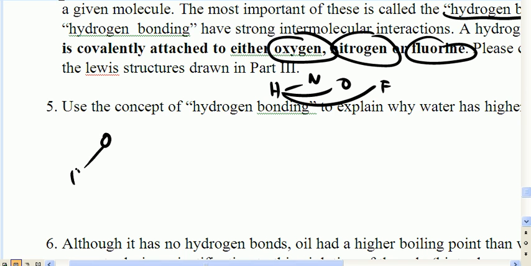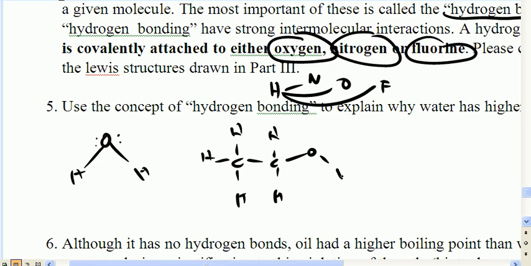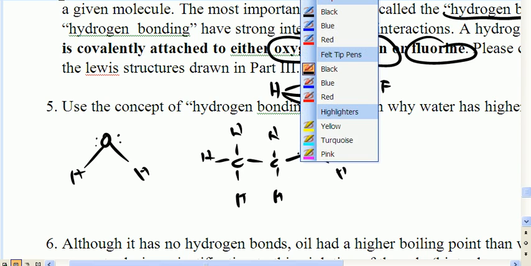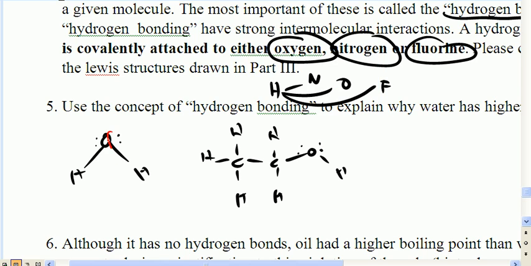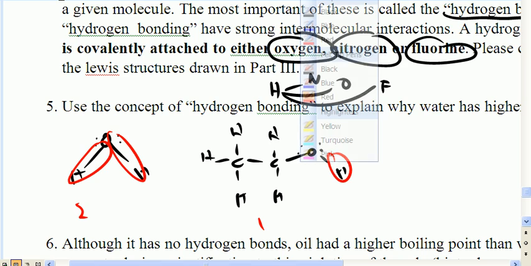So if you look at the Lewis structure of water, and you look at the Lewis structure for ethanol, I'm going to label the hydrogen bonds here in red. This has 2 hydrogen bonds, and this one only has 1.